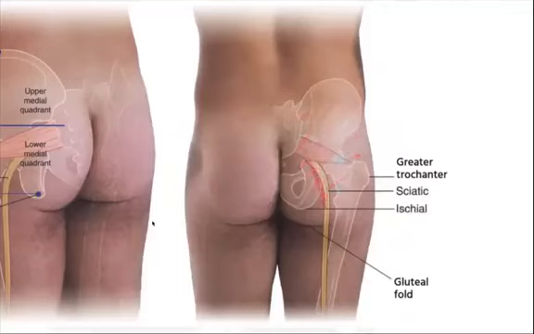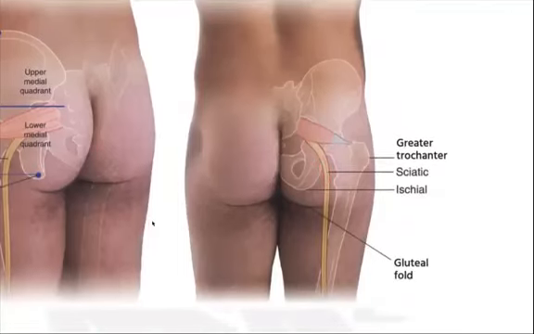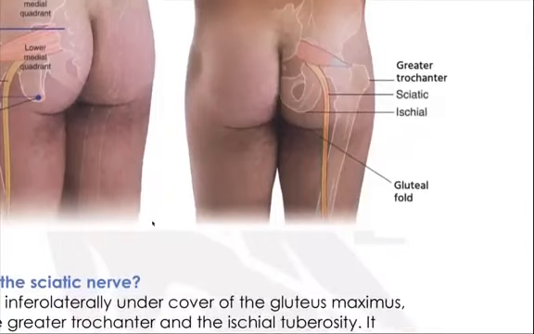It will run under the cover of this gluteus maximus, runs inferolaterally, and then it will go from the gluteal region to the posterior thigh like this. And in the posterior thigh, it will lie posterior to the adductor magnus and deep to the biceps femoris muscle.